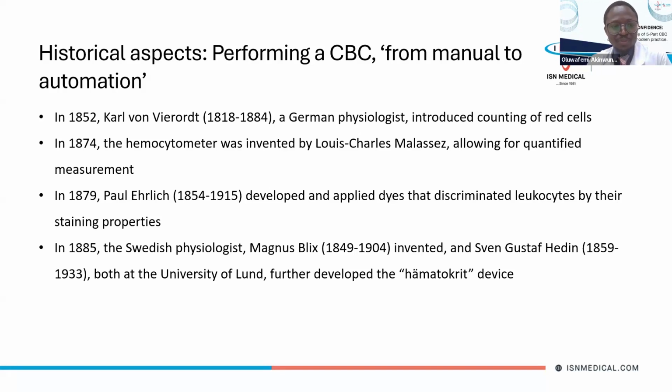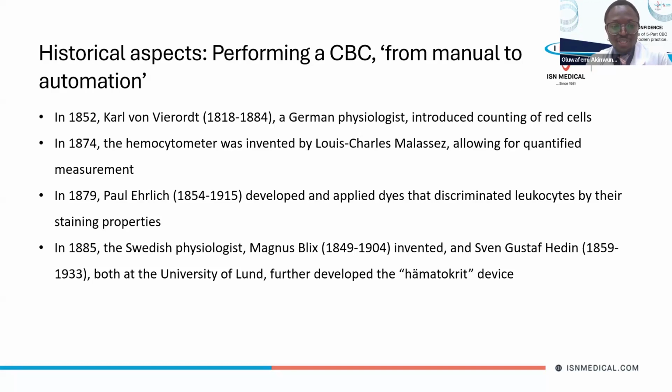All right. Significantly, in 1879, Paul Ehrlich, as all of us will remember, developed and applied dyes that discriminated leukocytes by their staining property. So this really made a significant impact in the evolution of the full blood count, in which case with stains, you're now able to differentiate the various components of the full blood count, especially the white cells.